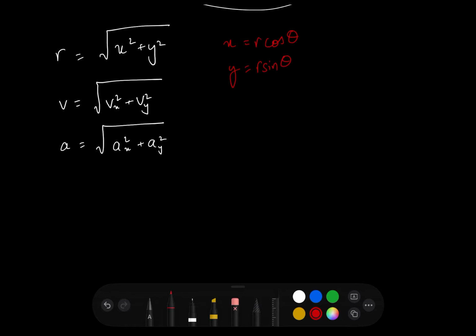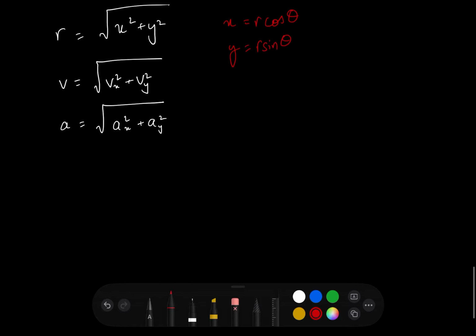And so now we can work to re-express all of these. So we know that r is just going to be the whole root of r cosine theta the whole square plus r sine theta the whole square.